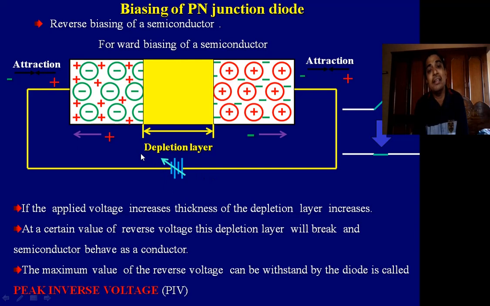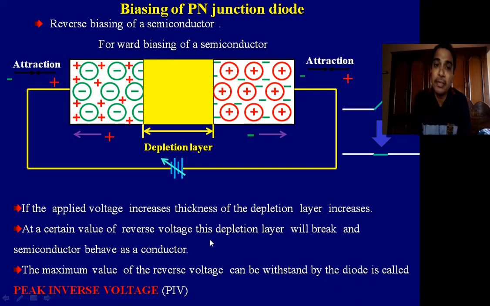So the depletion layer further increases depending upon your applied voltage. If you keep on increasing, at a certain voltage this junction is going to break down, and that you call the breakdown voltage. The maximum value of the reverse voltage that can be withstood by the diode is called the peak inverse voltage.